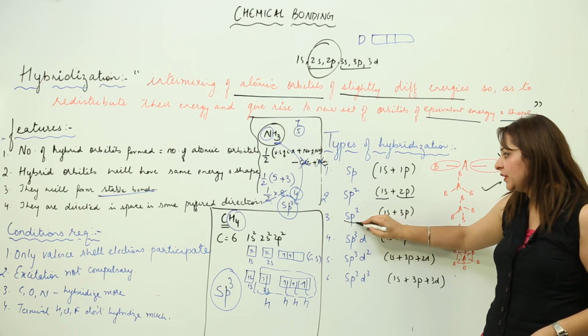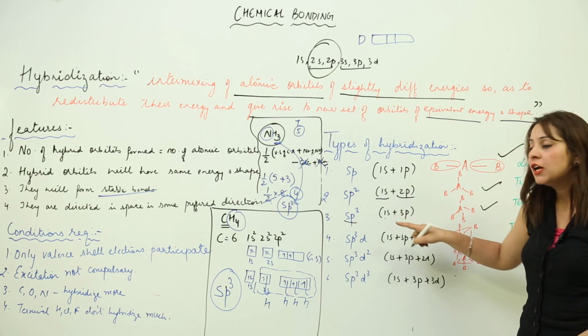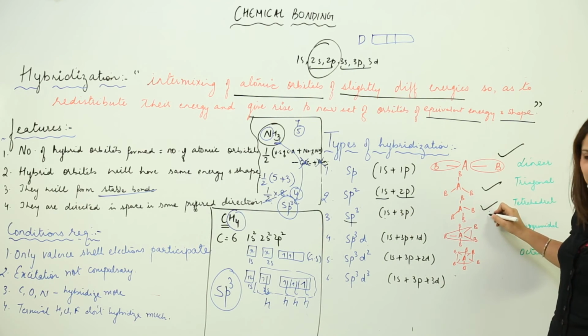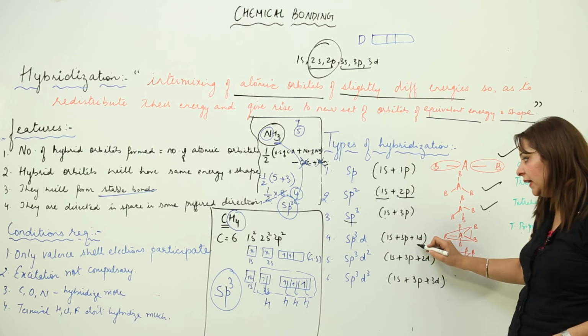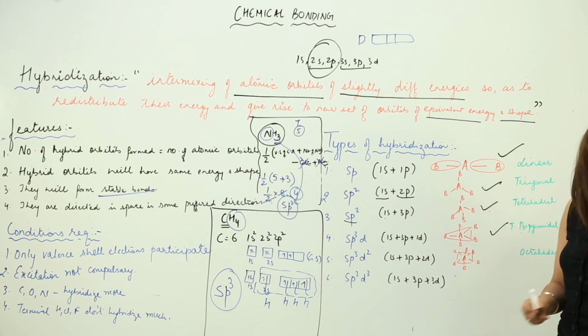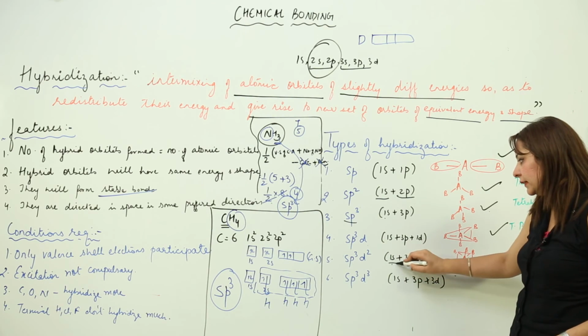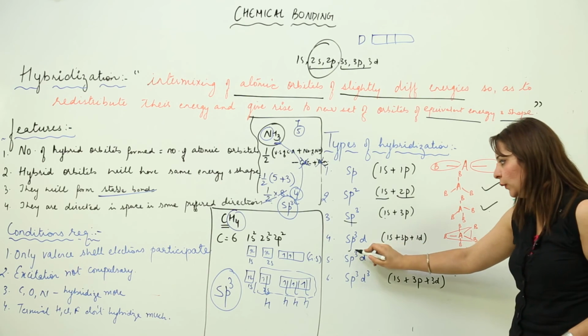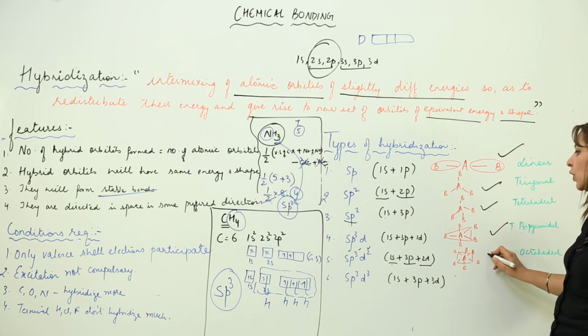And sp3 is 1s and 3p, a total of 4, it will give rise to a tetrahedral geometry. sp3d is 1s, 3p, 1d, and it gives rise to a trigonal bipyramidal geometry. And sp3d2, 1s, 3p, 2d, this is what you can see here. So a total of 3, 4, 5, 6, it will give rise to an octahedral geometry.